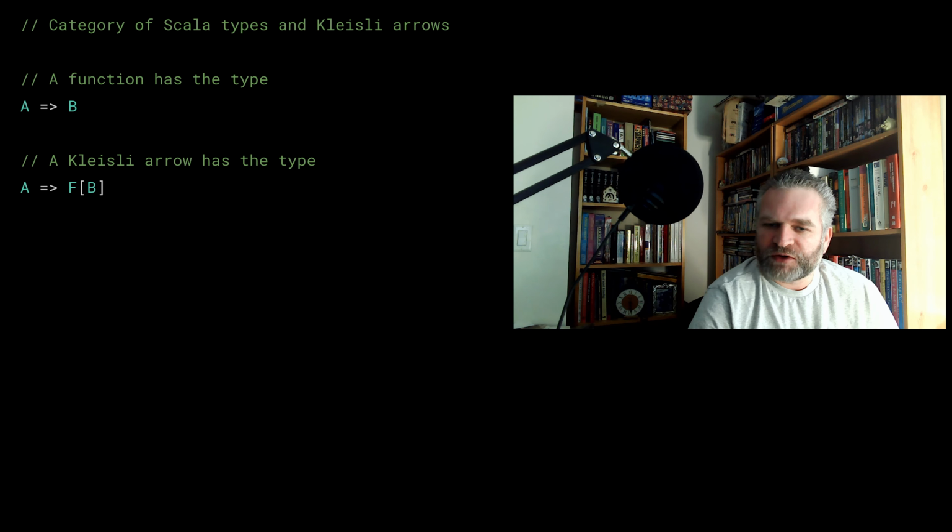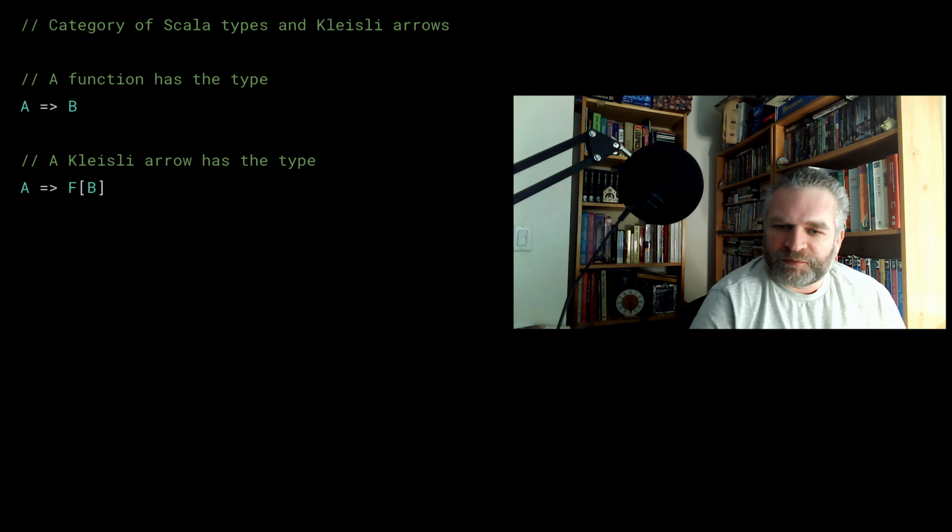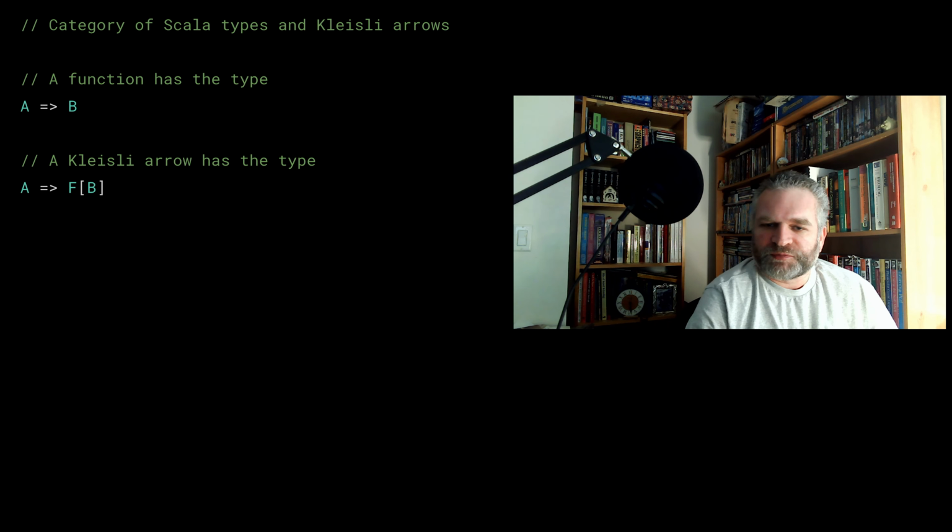So we've already talked about functors and mapping things, and we've seen that this kind of function signature shows up a lot, where we start with a pure value and then we end up with some kind of effect. So Kleisli is really just that function, and you might recognize that as being the input to a flat map. So if you have some effect, you apply a function that has the signature to it, it gives you the ability to sequence those two effects together. So that's kind of what we're trying to get to.